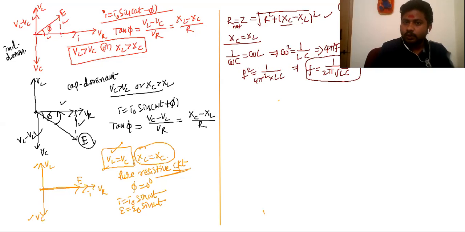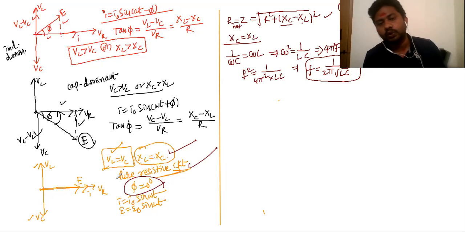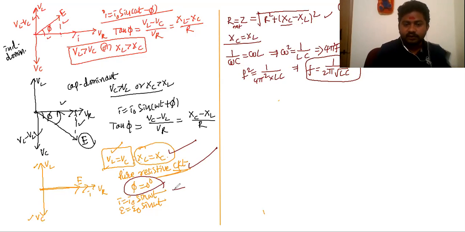At this frequency, XC is equal to XL, so VL is equal to VC. At this frequency, the circuit will be a pure resistive circuit. So this complete circuit will behave as if it is only connected to a resistor.